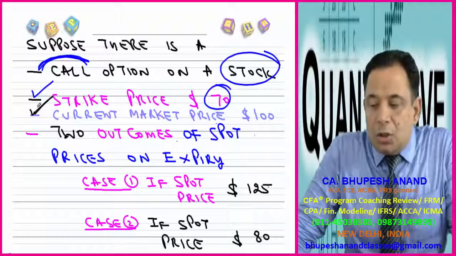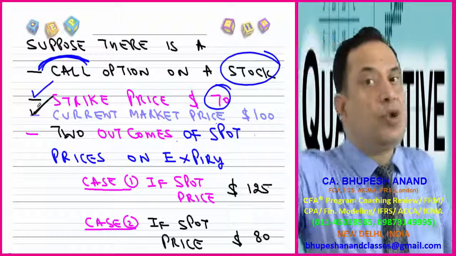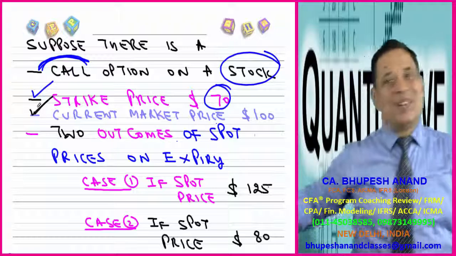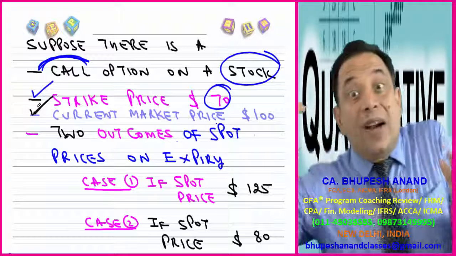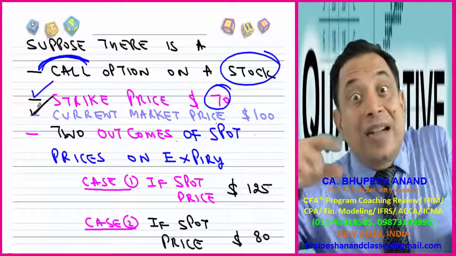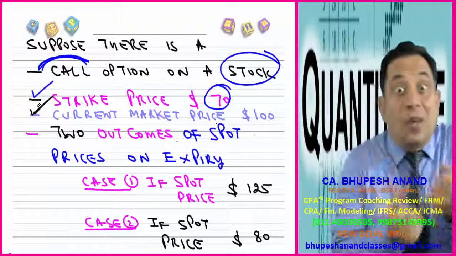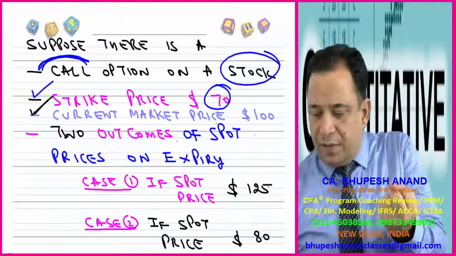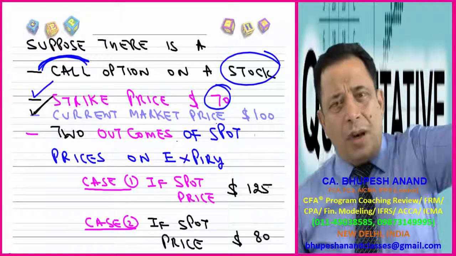The two outcomes of the spot can be: it increases to $125 or it decreases to $80. How we have calculated 125 or 80 depends upon the volatility of that stock, that is, how much risk it has. So don't go into how we have calculated 125 or 80.